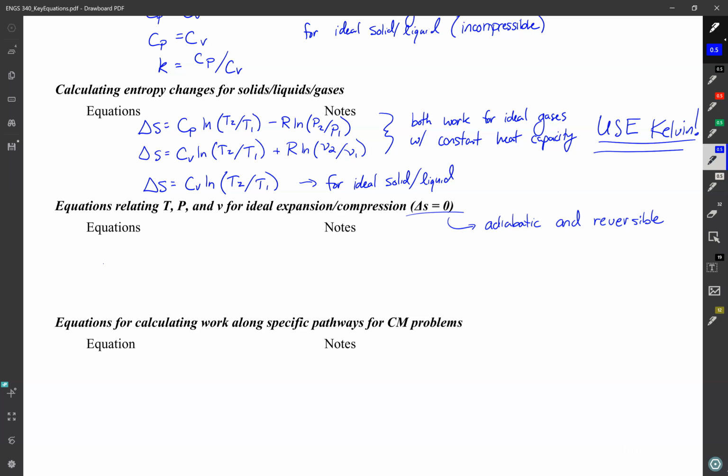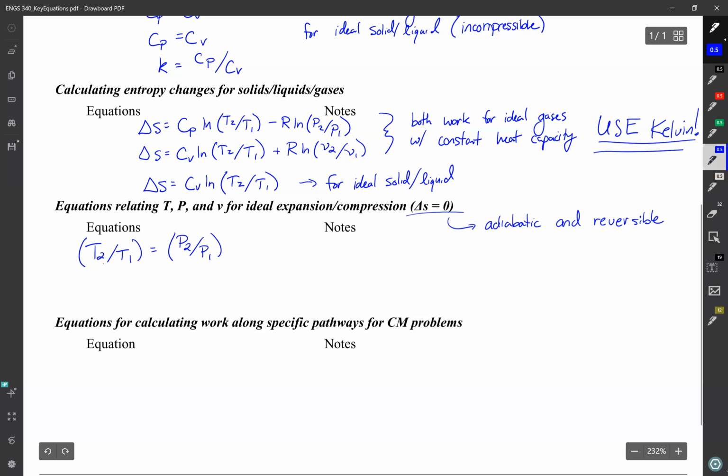So if we have something adiabatic and reversible, there are a couple useful equations. We have T2 over T1 equals P2 over P1 to the K minus 1 over K.